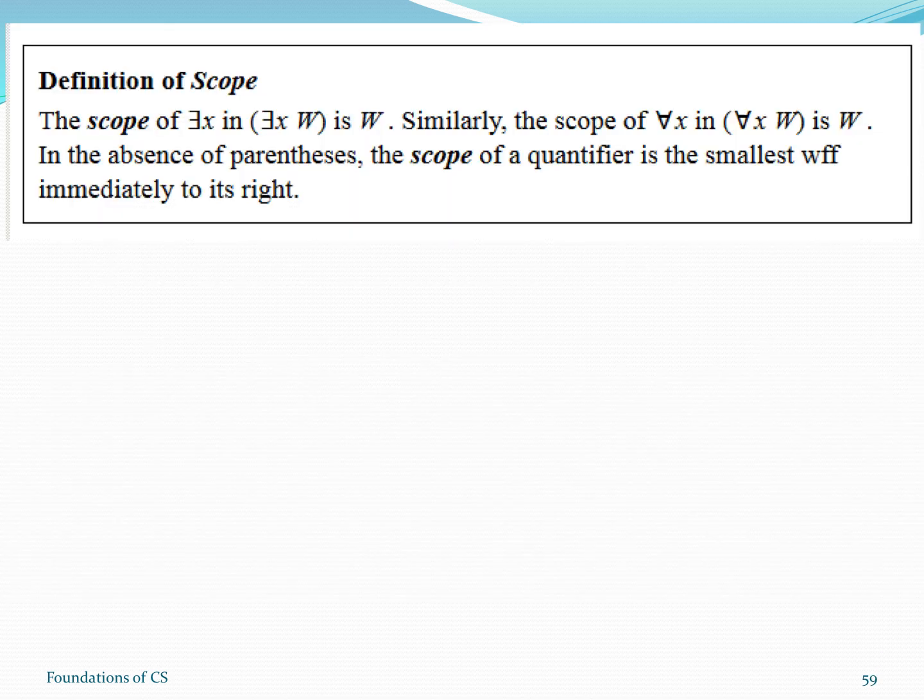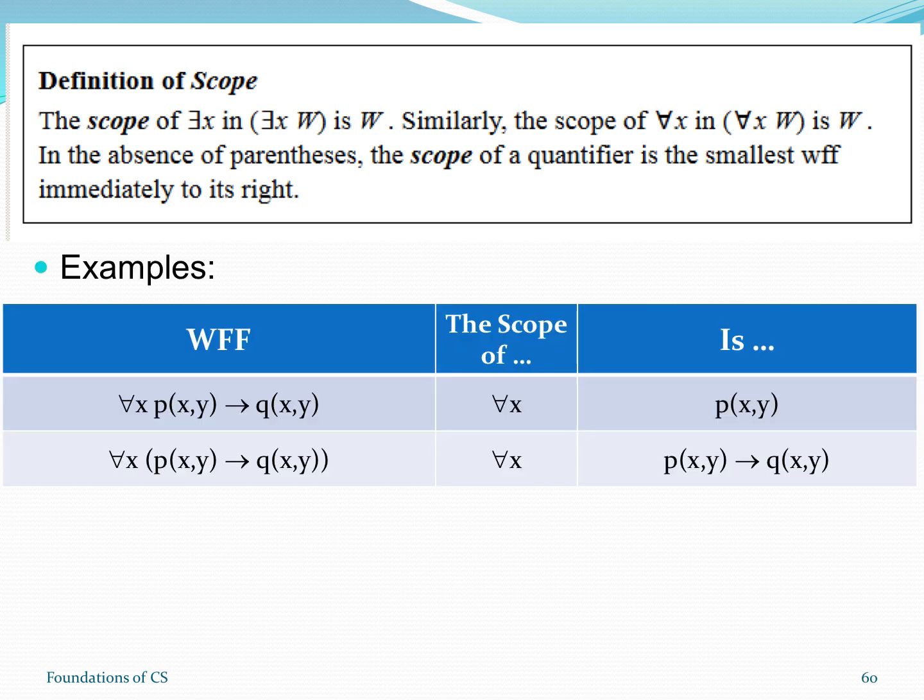So just like with parentheses, we can talk about the scope of the quantifier. In the absence of parentheses, the scope of the quantifier is the smallest wff immediately to its right. So it's the same thing as how you parenthesize it. When you're talking about for all x, you've got to know what x is a variable for, and it's the variable for that wff.